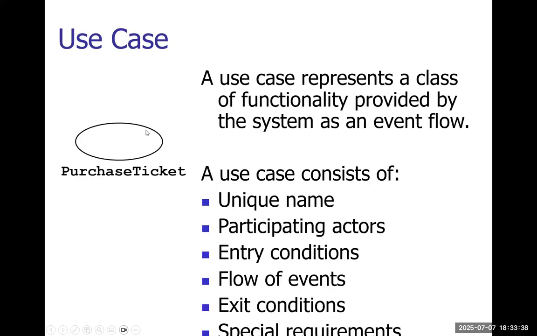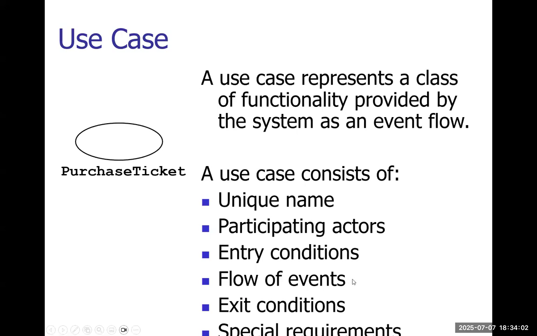The use case contains not just the oval shape with a name attached to it. Actually, the use case contains a name, the actor, entry condition, flow of events, exit condition, and special requirements. The most important thing here is the flow of events.